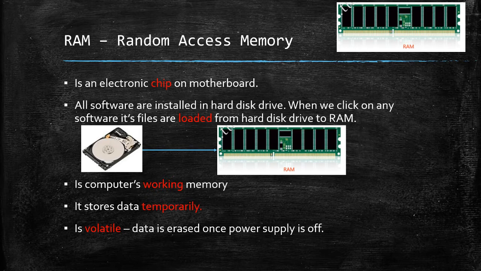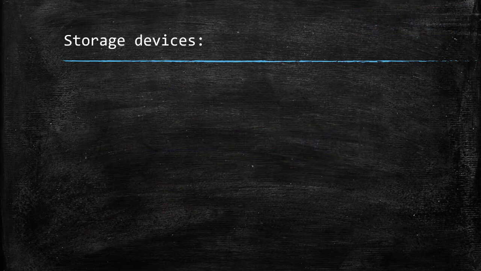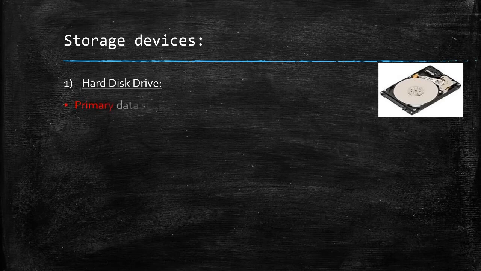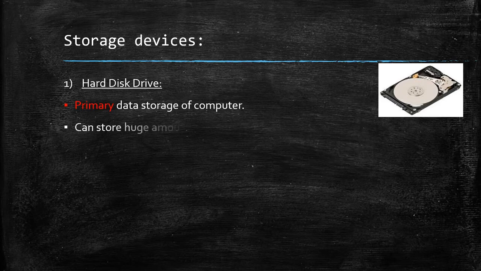Now, we'll see a few additional storage devices that we use nowadays. First one, the hard disk drive. That is the primary data storage of a computer. It can store a huge amount of data, and it is normally measured in GBs, gigabytes.